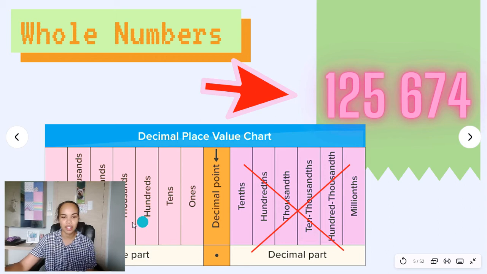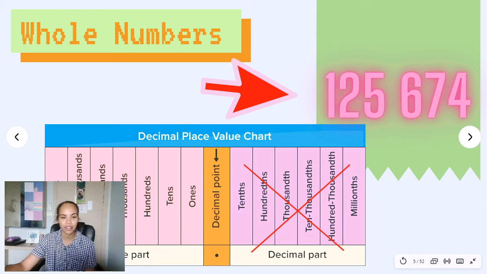All of this should be easy for you, at least up to 1,000, because that was grade 4 work. The digit 5 is in the thousands column and stands for 5,000. Therefore, it has a value of 5,000.